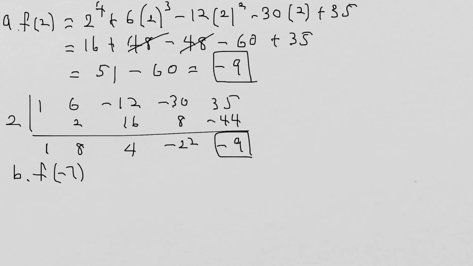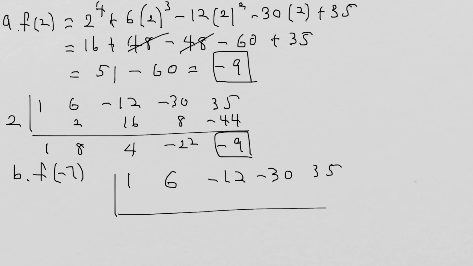So then if I wanted to try f of negative 7, I think once you get used to doing synthetic division, it's easier to evaluate. So if I use synthetic division, copy down all the coefficients, right? Negative 30 and 35. And you're dividing this time by negative 7.